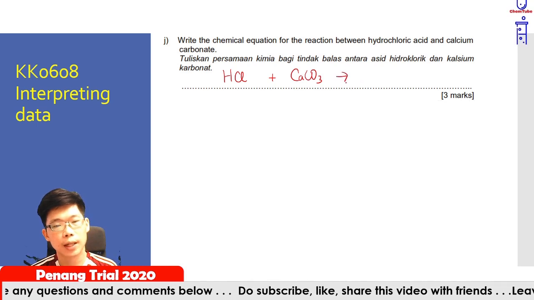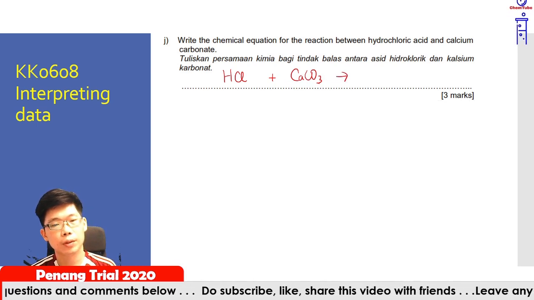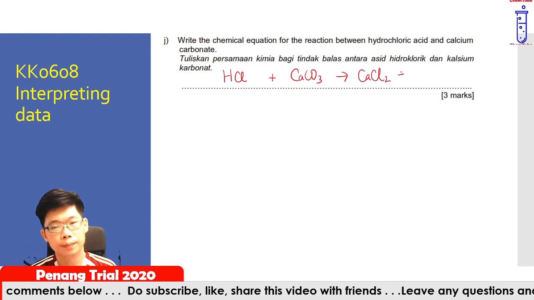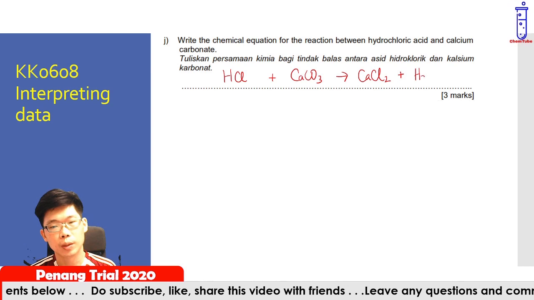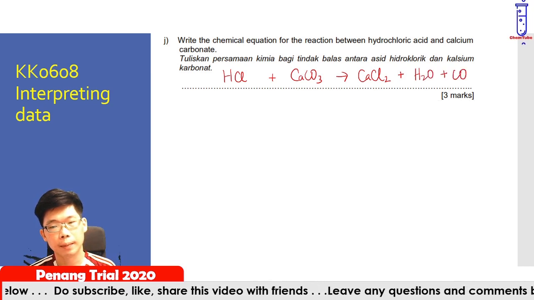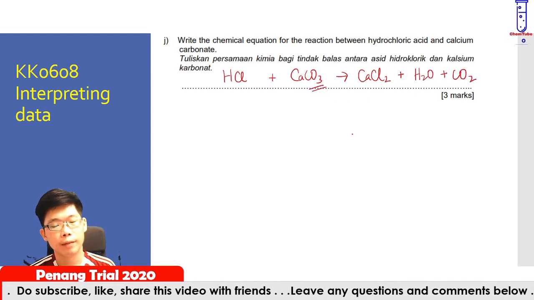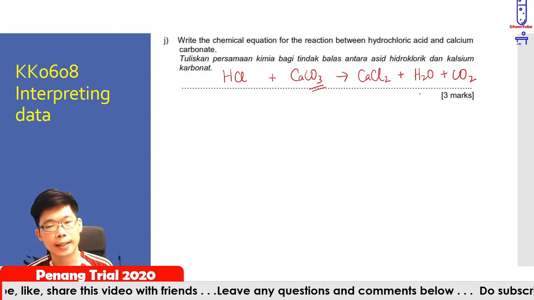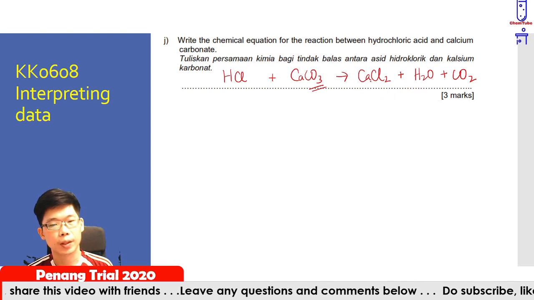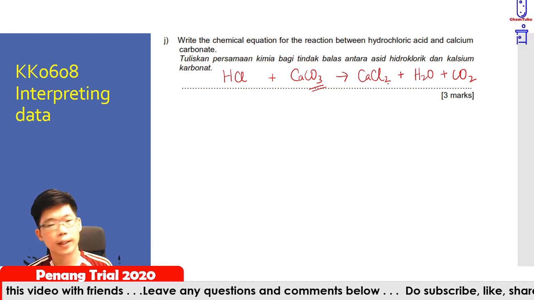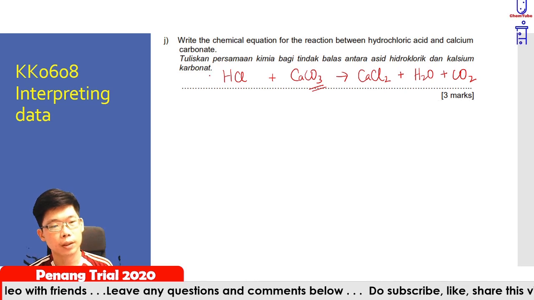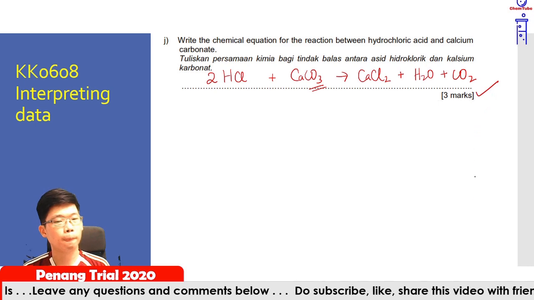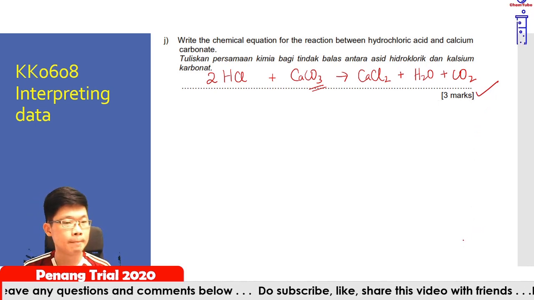In this reaction, you form the salt, calcium chloride, then you form water plus carbon dioxide, because whenever a metal carbonate reacts with acid, it will release carbon dioxide. And then we need to balance the chemical equation. So here there are 2 chlorides, here only 1, so this one times 2. So it gets score 3. Make sure that it is balanced.